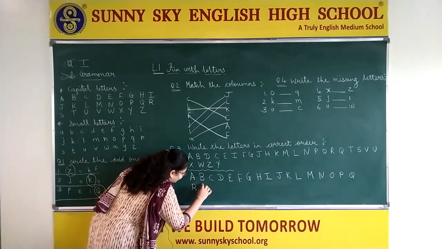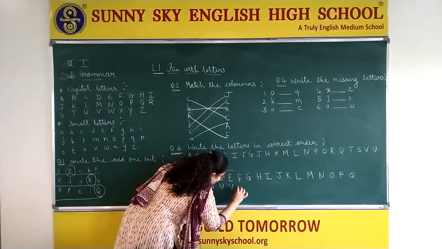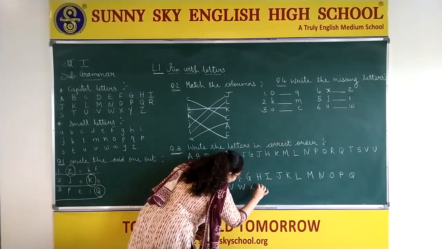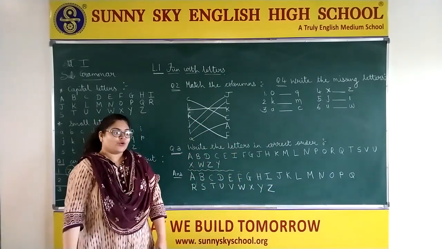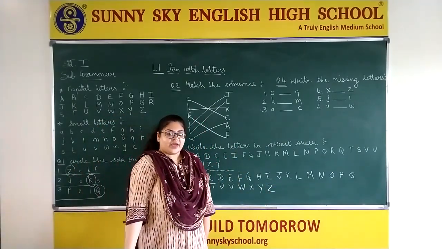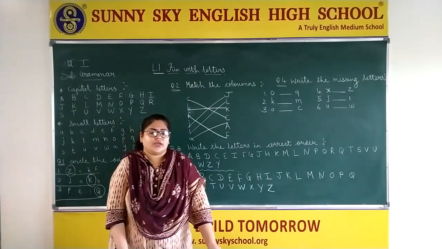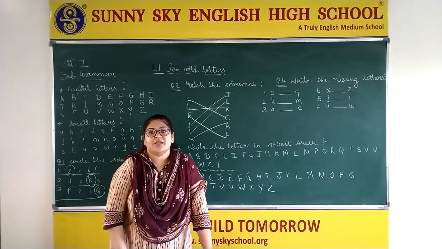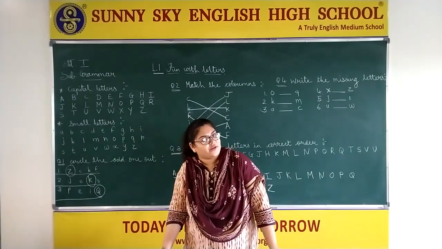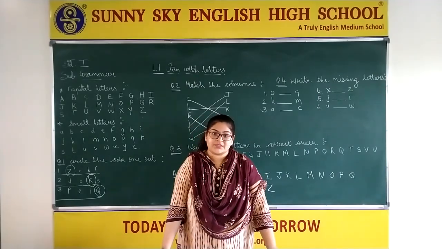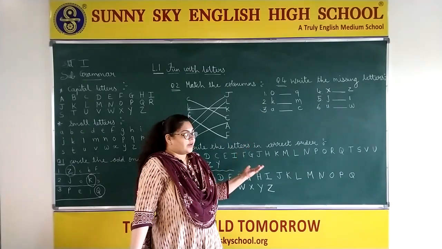Yes, R, S, T, U, V, W, X, Y and Z. Very good. So now A to Z we have known. Now we have to write the missing letters. Okay, you all have studied maths. In maths you all have done before numbers, after numbers, between numbers. Same way here we have to write before letters, after letters.